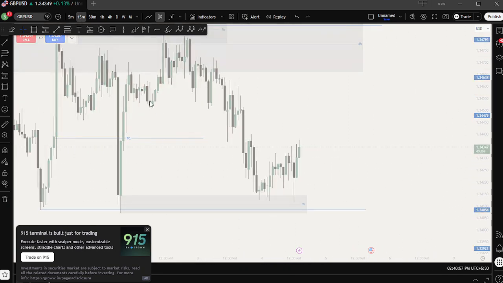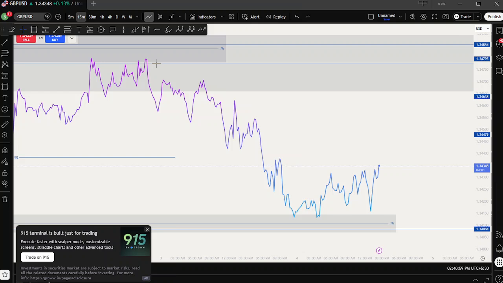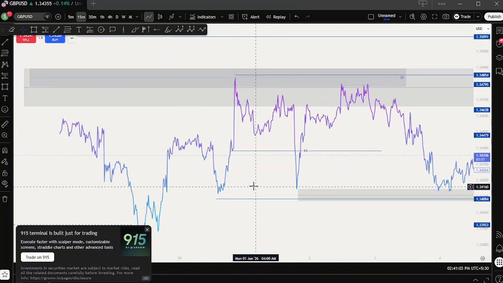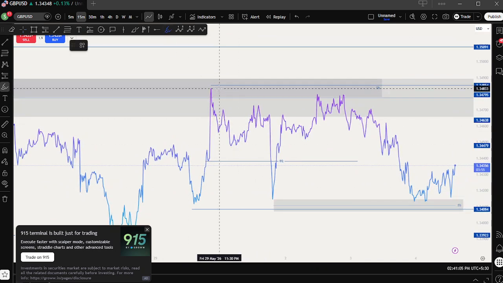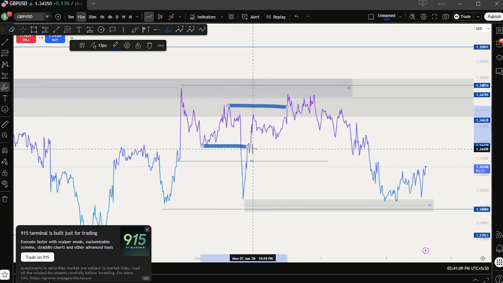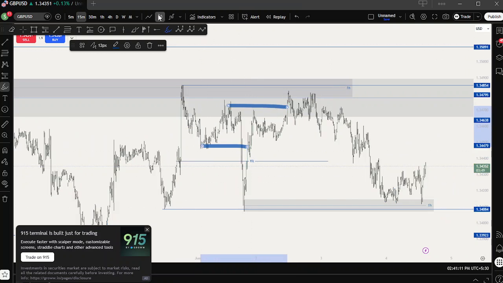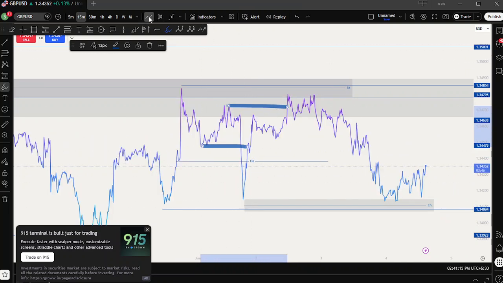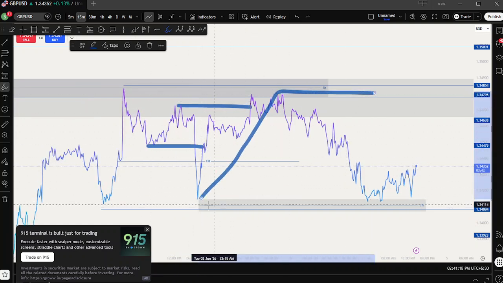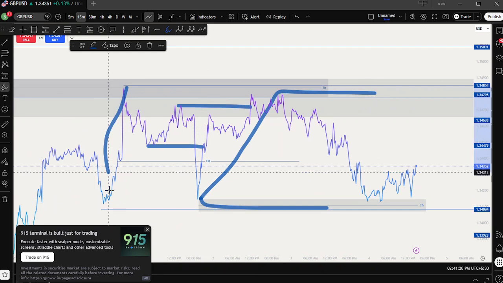Let me just go to the 15-minute and let's see what happened. On the internal structure of this range, we had this breakout to the downside followed by this breakout to the upside. What that gives us is a bigger continuation of this whole underlying trend.